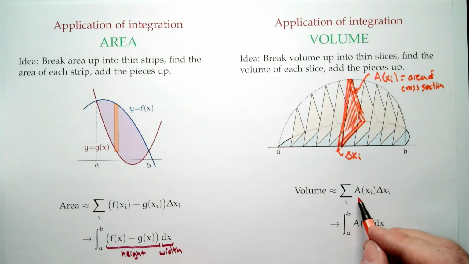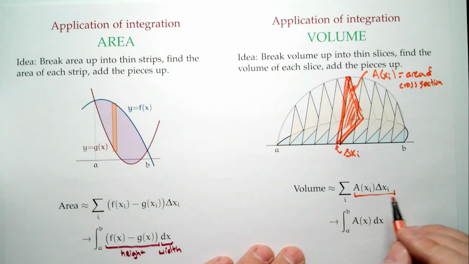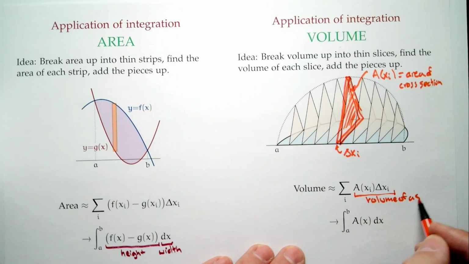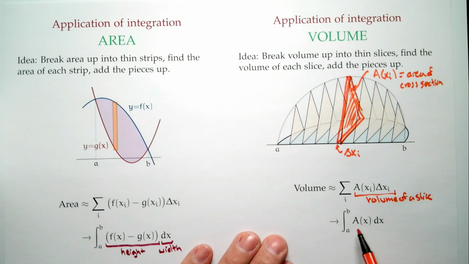So that says I get the volume, this little piece here, A of xi times delta xi, that's the volume of a slice. And then, of course, in the limit, that becomes the volume: the integral from a to b, A of x dx, where A of x is, again, the area of a cross-section.